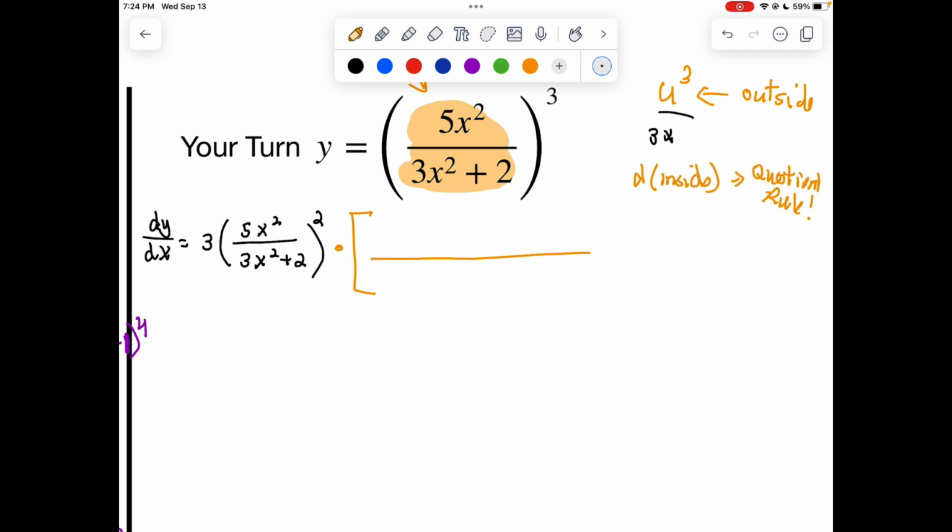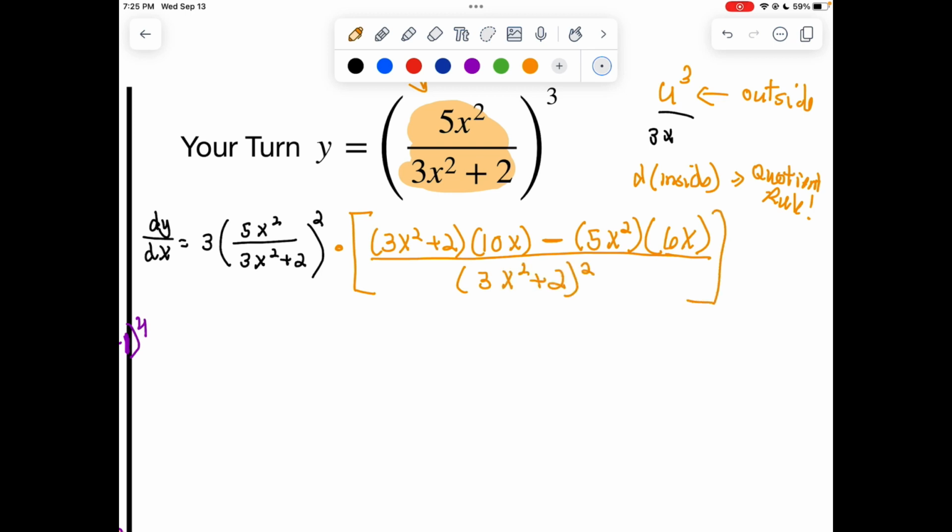Okay, so let's remember what the quotient rule is. Quotient rule is low, d high, so the derivative of top would be 10x, minus high, so that's 5x squared, d low, and derivative of the bottom is 6x, over low, low. So I write the bottom and I square it.